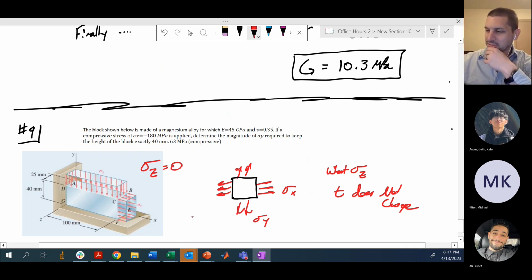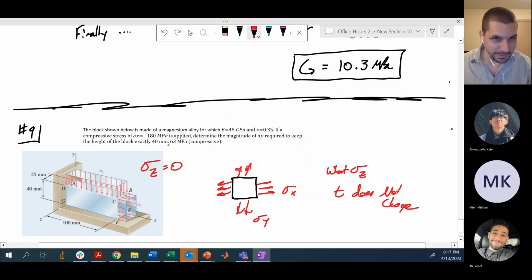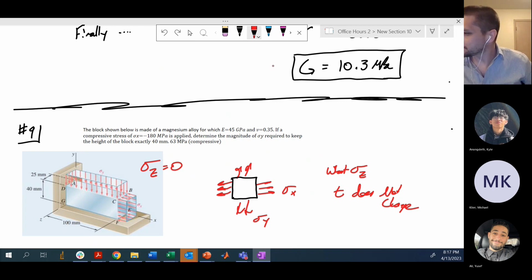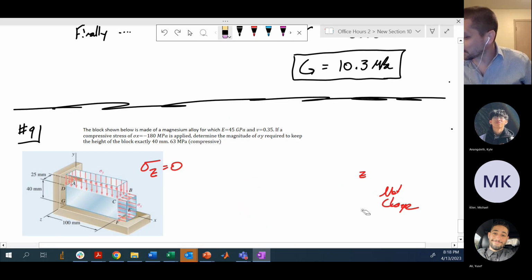It's giving that to us straight away. And then it's asking, determine the magnitude required to keep the height of the block exactly 40 millimeters. So what does that mean the strain should be if the dimension is not changing? 0. Yeah, exactly. So in this case, we want the strain to be 0.